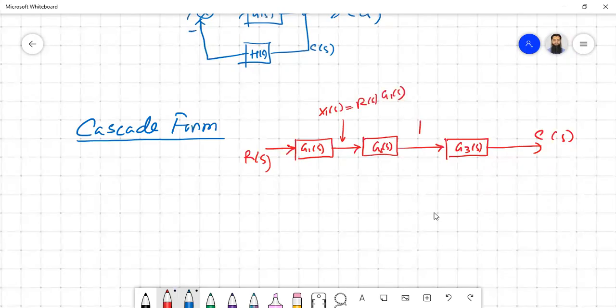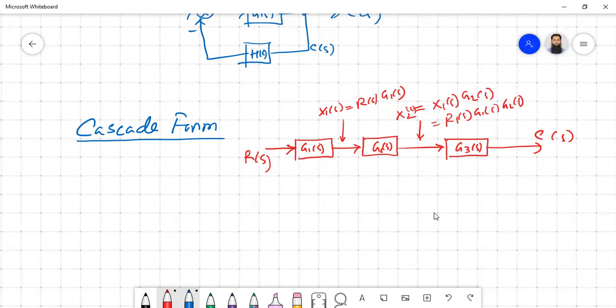Now what about the output of the second stage? Say this is x2. The previous stage output, so x2S will be x1S times this block here, that is G2S. So what is x1? X1 is nothing but RS into G1S into G2S.